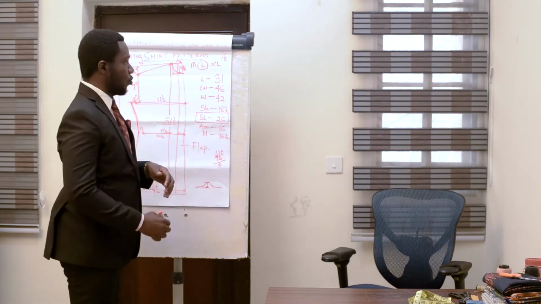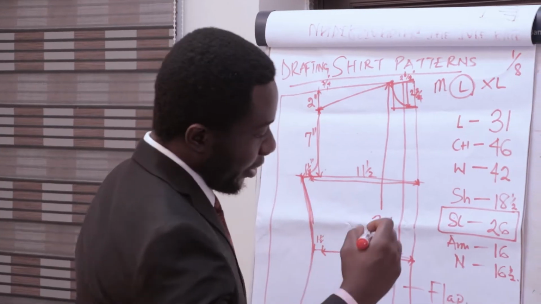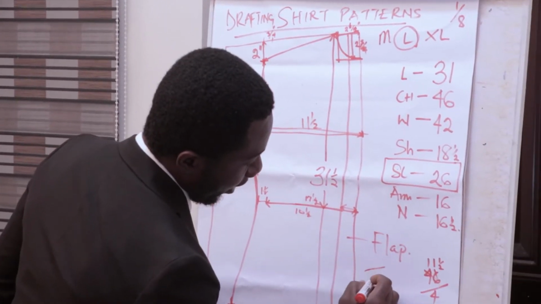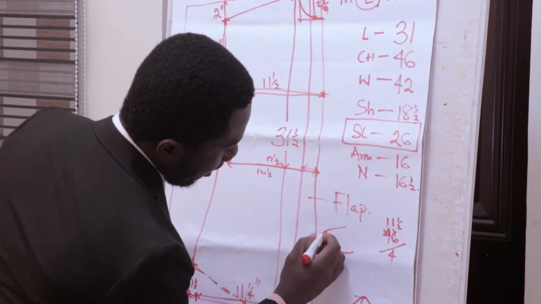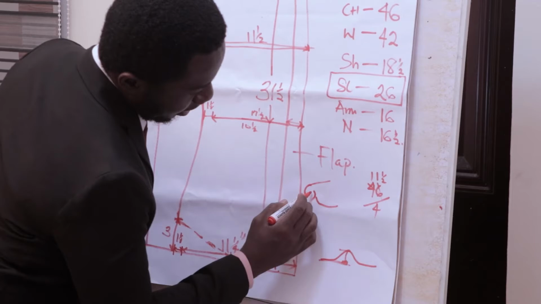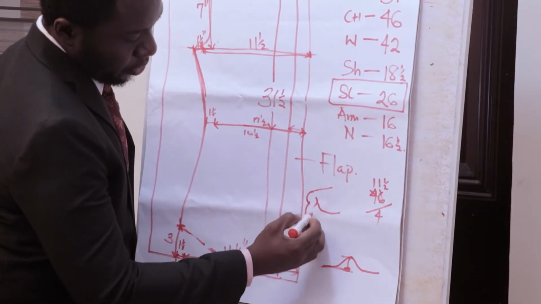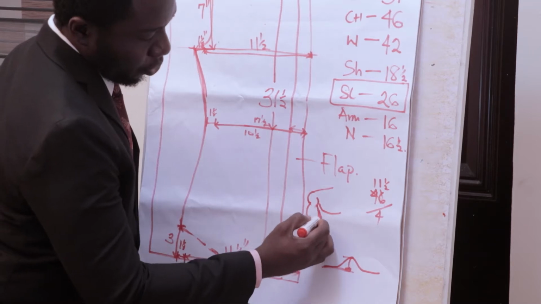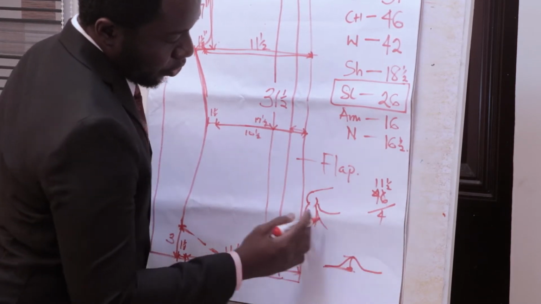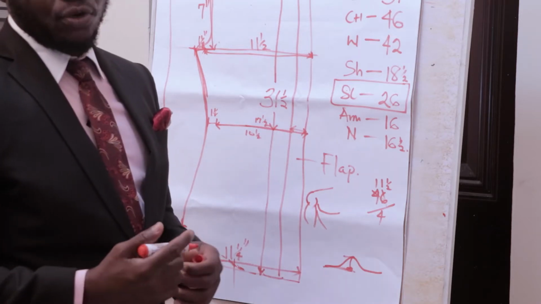So the best thing to do is, because you see the human body, a man's chest looks somewhat like this. The ball and socket joint of the arm creates this kind of effect, this masculine shape. Even when the man is not muscular, he still has this round shape, however tiny it looks.